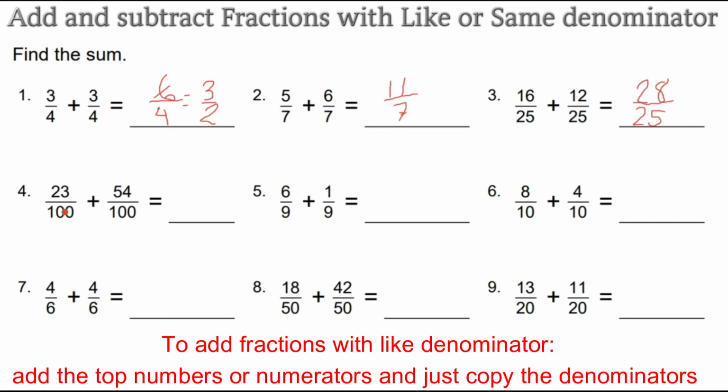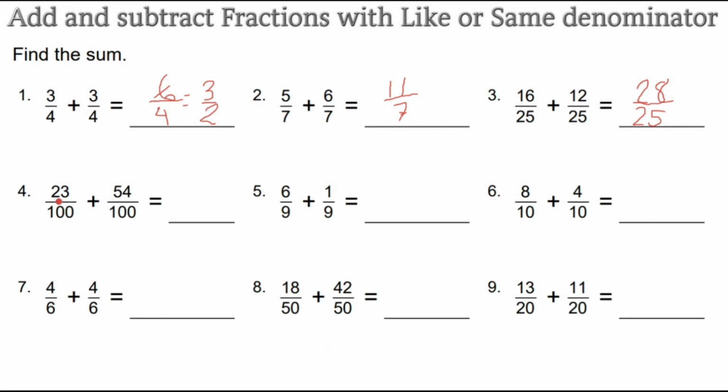Then we have here 23 over 100 plus 54 over 100. So we do the same. We copy the denominator and then we add the numerator. 23 plus 54 is equal to 77. So here we have a regular fraction.